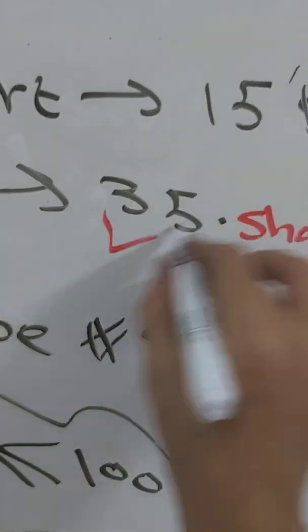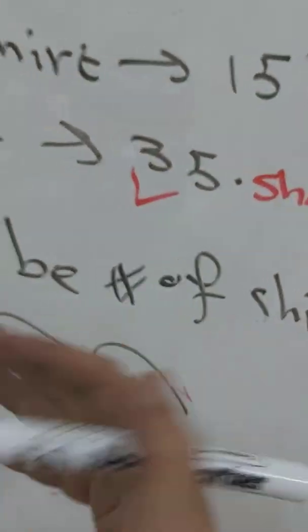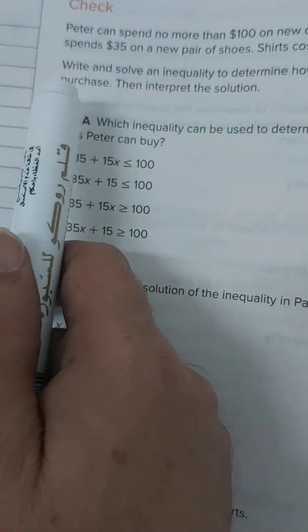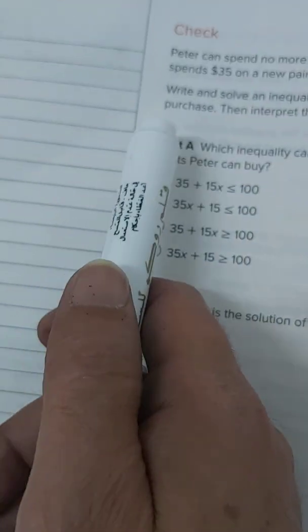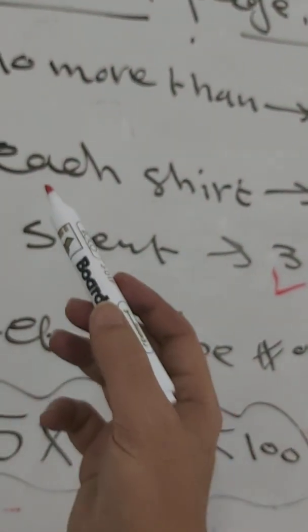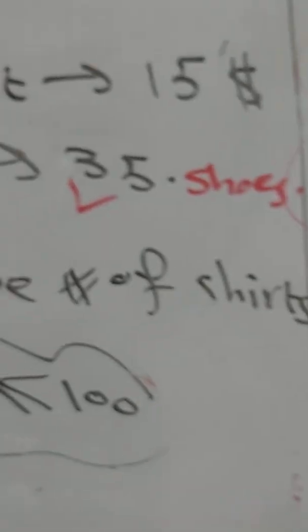Okay? Done. This number is done. He already paid. He wants to buy some shirts. Now, each shirt costs $15. What does the question want? Write and solve an inequality to determine how many shirts Peter can purchase. So let x be the number of shirts.